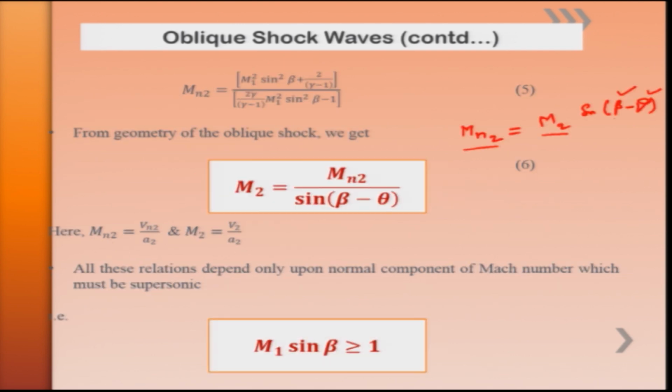Furthermore, we have seen that the downstream normal component can be obtained as Mn2 upon sin of beta minus theta, and Mn2 can again be obtained from Mn1, the normal component upstream, related by this expression.